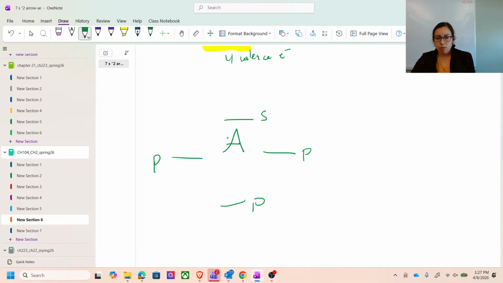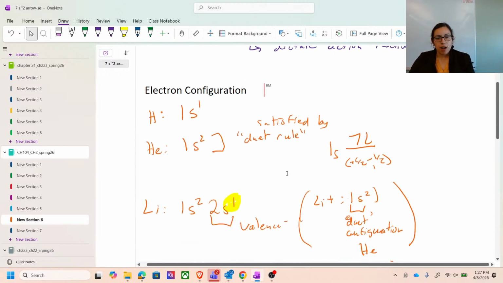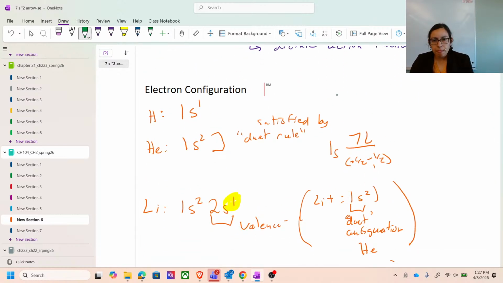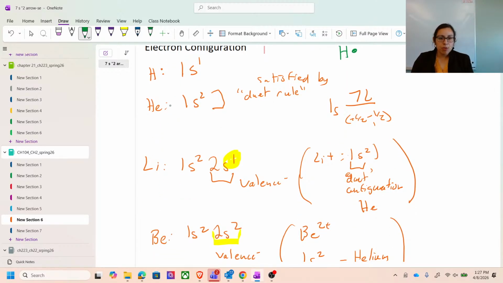Now we just fill it in to match, but it doesn't really matter which side you call an S or which side you call a P. Going back to hydrogen, it looks like so, with 1 little dot there, showing our valence electron. For helium, the way I would like you to do it is to write it like so, because we want to show that they're in the same orbital.